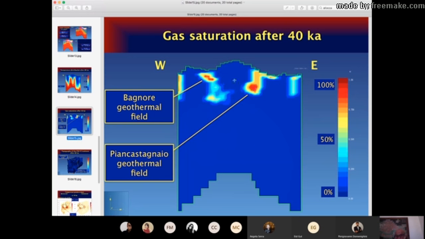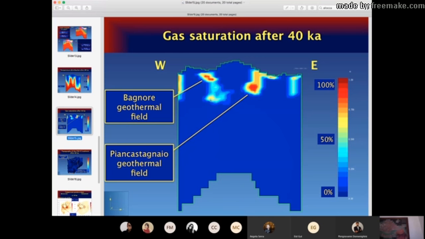And I think that this was a quite neat result. Another aspect which I found very interesting is that, not in the Piancastagnaio geothermal field, but in the Bagnore geothermal field, at greater depth, you also have a 50% gas phase.